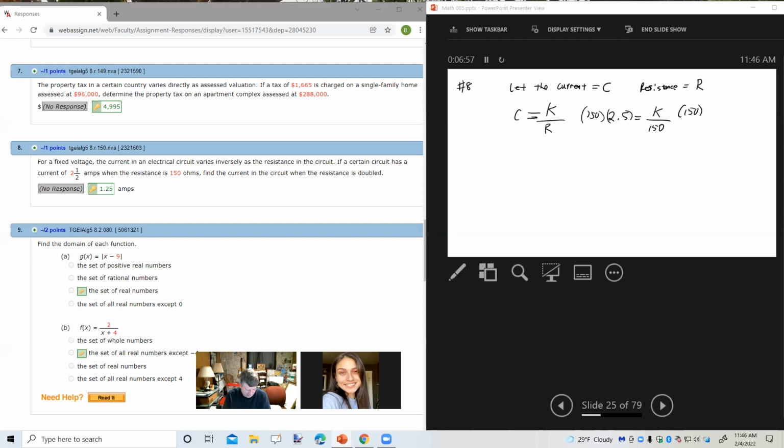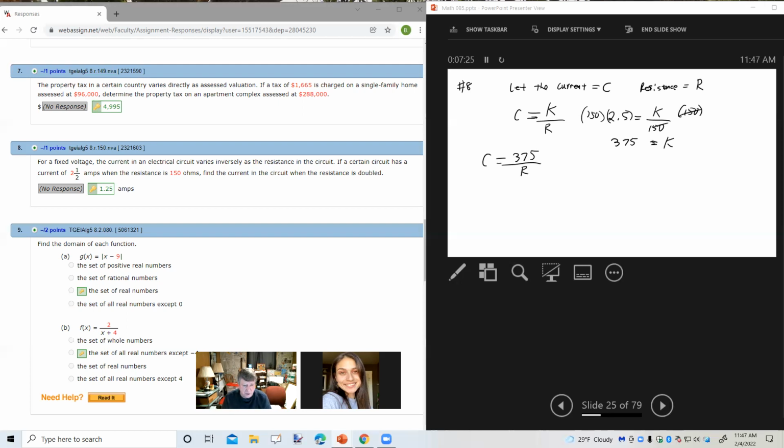So 150 times 2.5, so K is 375. Right now, that gives us C equals 375 over R.